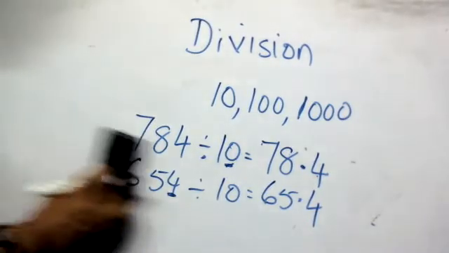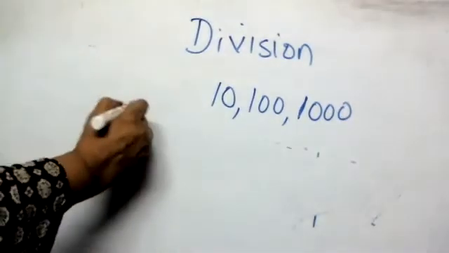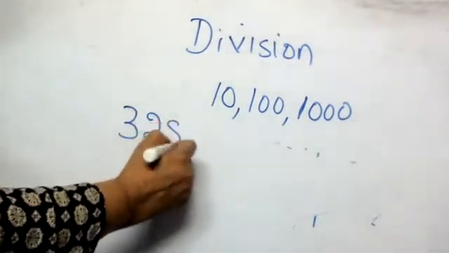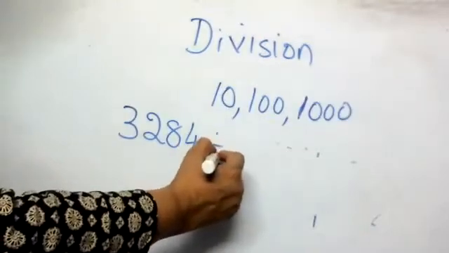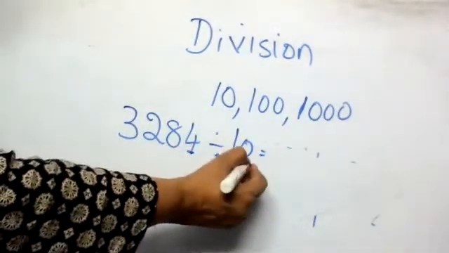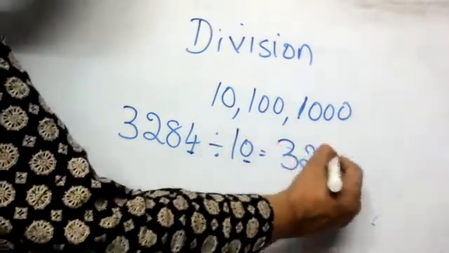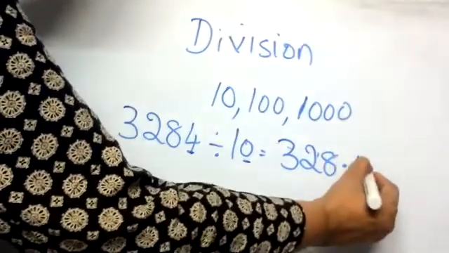Now, if there is a 4-digit number divided by 10, after one place only we are going to put the decimal point. So it will be 328.4.